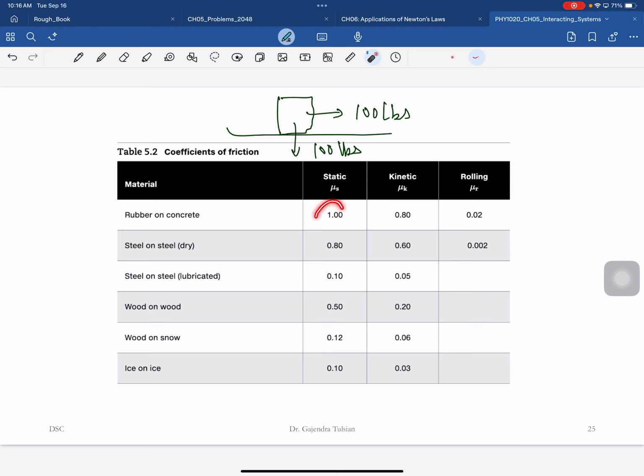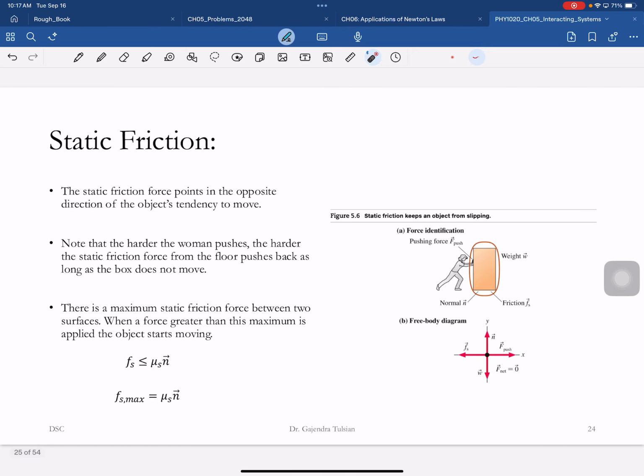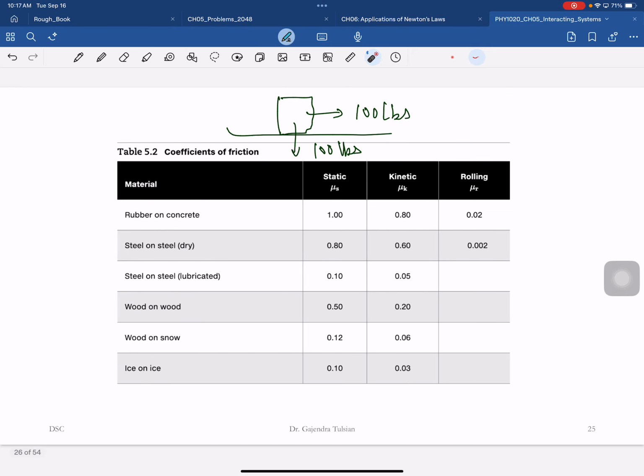That's what that number 1 implies. And to keep it moving at a steady pace, what would you need? You need 80 pounds. Once you get it started, you need a smaller force to keep it moving. So those coefficients tell you how sticky the surfaces are.